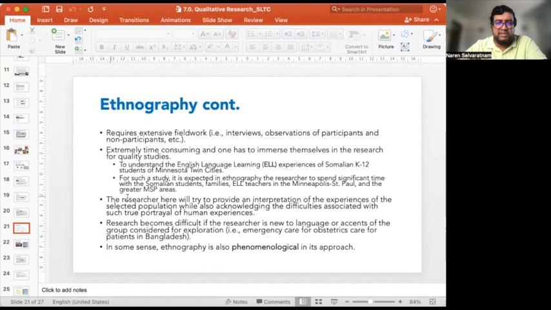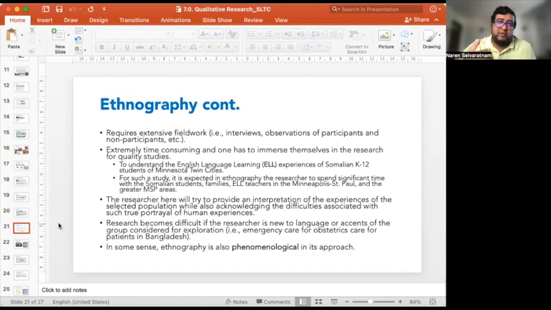The researcher here will try to provide an interpretation of the experiences of the selected population while also acknowledging the difficulties associated with such true portrayal of human experiences. So it's very difficult to portray 100% what a group of people go through. We understand that, but still we try to give some better information about what exactly is happening here. And this becomes very difficult if the researcher has language difficulties.